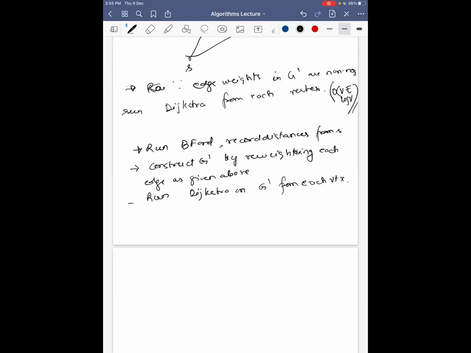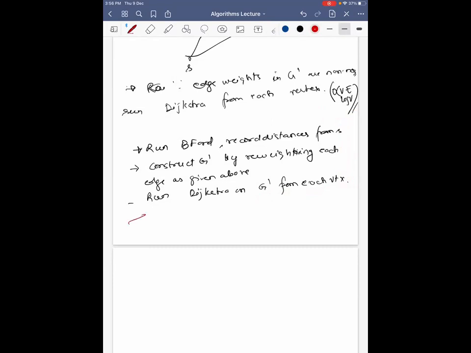Okay. This will take V E log V time, and Bellman-Ford is just V E. So the overall running time will be V E log V. Bellman-Ford will take V E time.